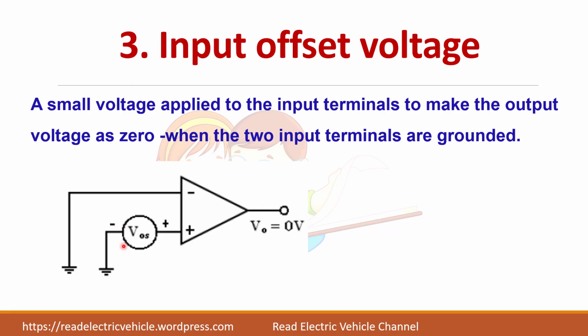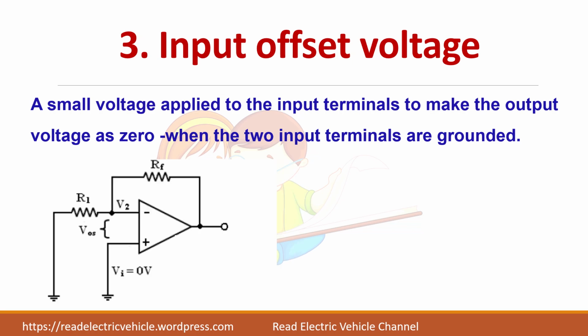So you are giving some voltage here or adjusting the terminals such that you are getting output voltage as 0. In this case, the input voltage is 0 and the output voltage is given by 1 plus RF by R1 into the voltage here, that is the offset voltage VOS.